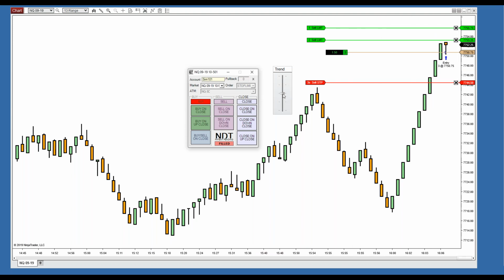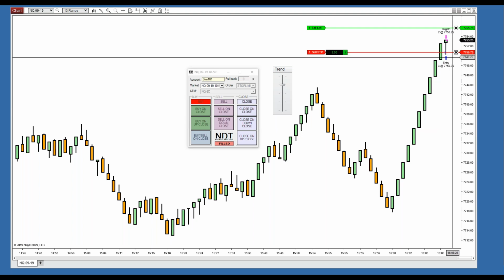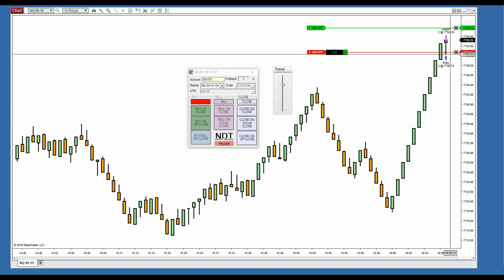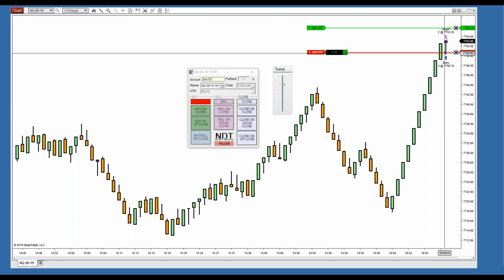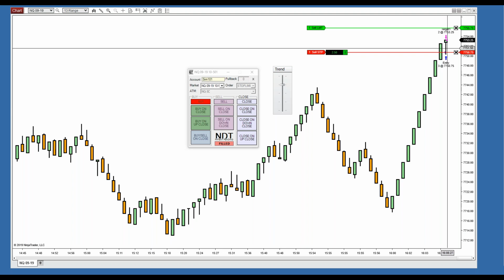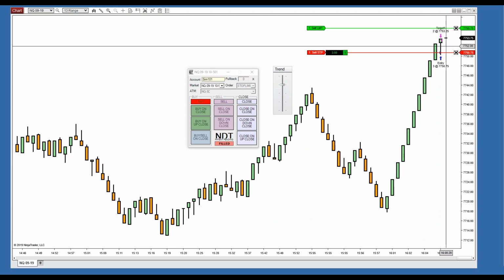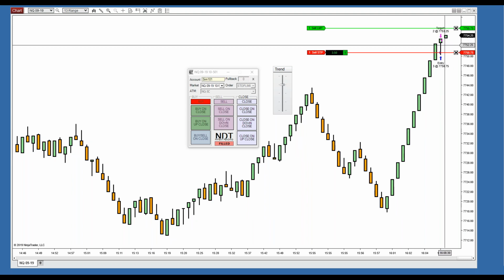Now, obviously, this is just a simulated feed, and we're going to have the market move up. You're going to see that it takes the first target out, and the stop just moved to break even. Within the NDT, you can configure as many automated trade management strategies as you wish, and you can program one for each instrument.